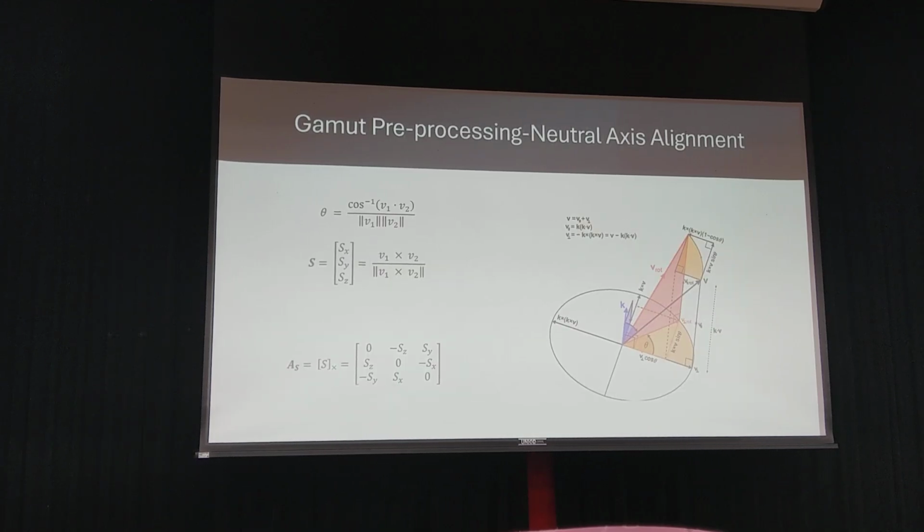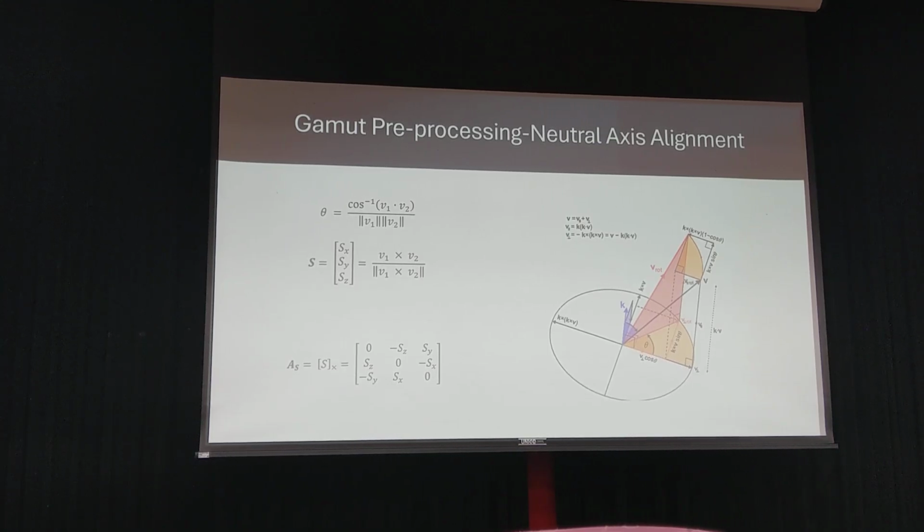In gamut processing, neutral axis alignment is a critical step to resolve the black chip's color tint at the primary. By using vector operations to calculate the angle theta and rotation axis k between the actual and ideal neutral axis, we apply the rotation formula to create a rotation matrix R. Then we rotate the entire e-paper gamut to align with the ideal neutral axis.